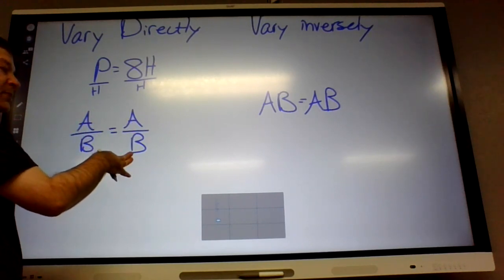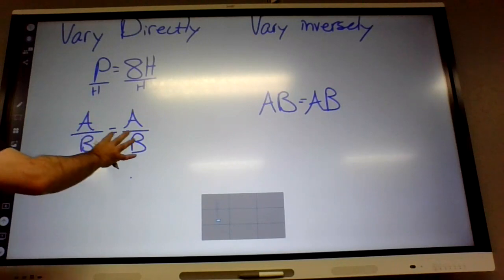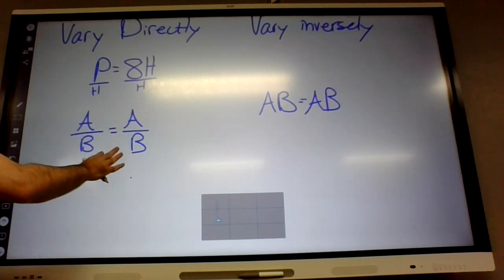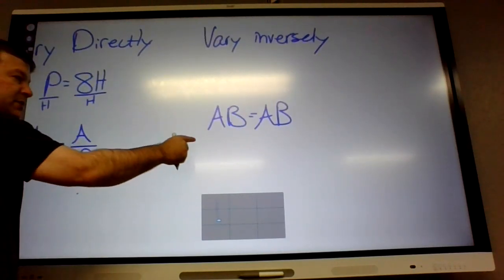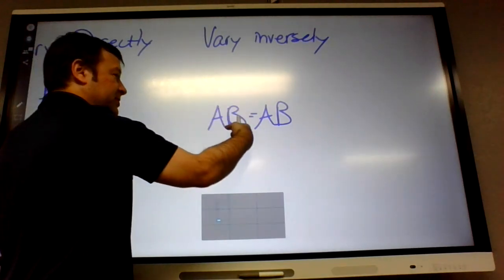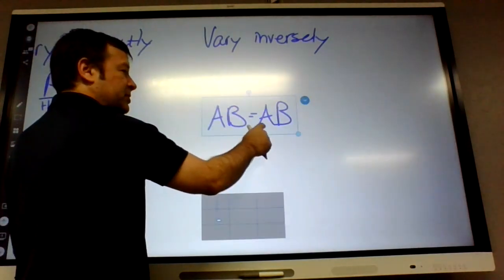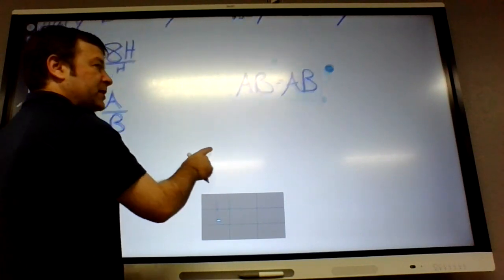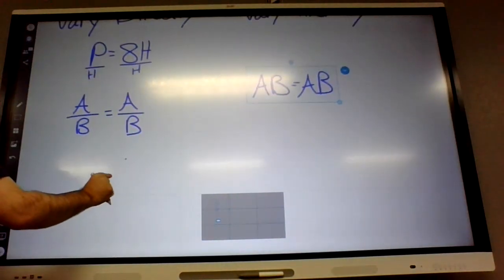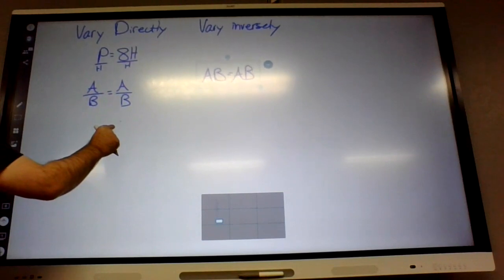And we'll use our cross multiply trick on this one. Or if they vary inversely, they'll say when a is 8 and b is 3, what does a equal when b is 4? We'll just plug those numbers in that they give us and solve the equation. So we got varies directly, varies inversely.